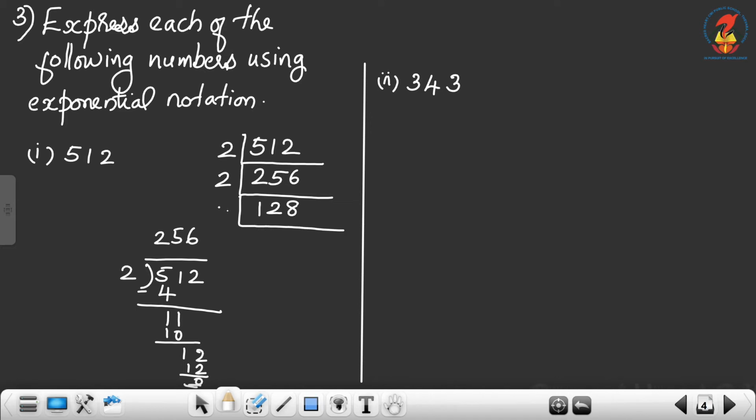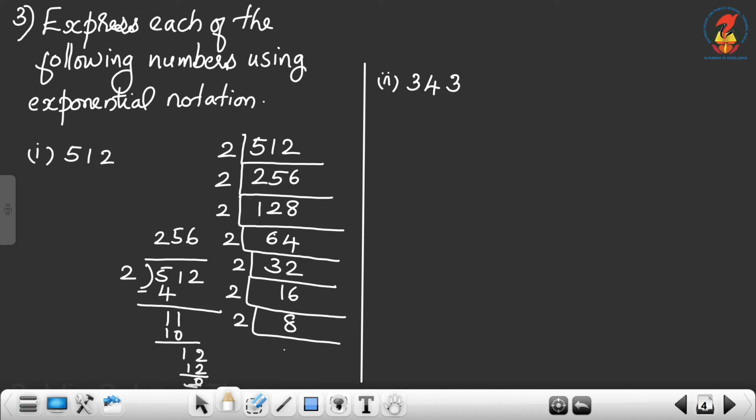Then again we can do with the 2. 2 6s are 12, 2 4s are 8. Then again with the 2. 2 3s are 6, 2 2s are 4. With the 2, 16. Again the 2, 2 8s are 16. With the 2, 2 4s are 8. Again with the 2, 2 2s are 4. Again with the 2, 1.